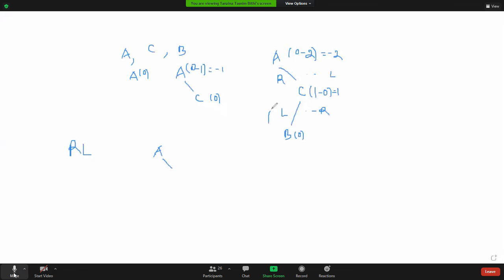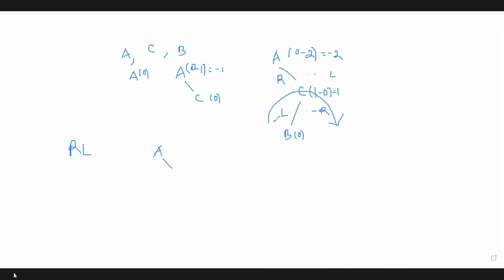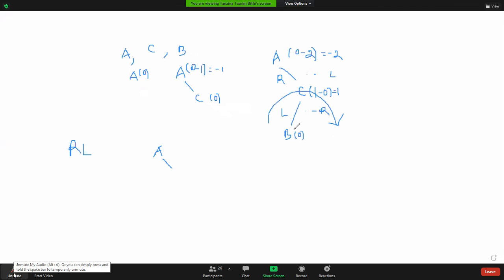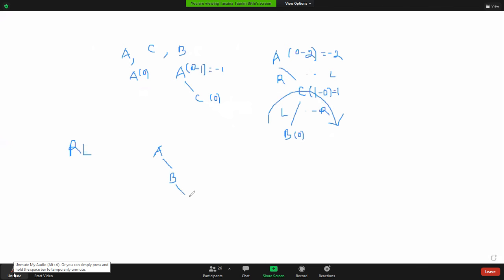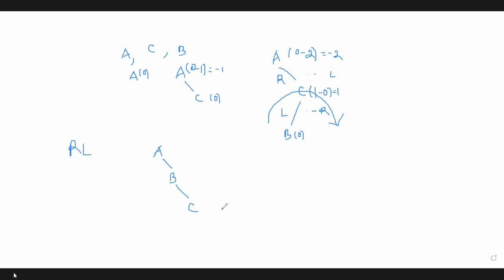Right rotation. That means we will take some nodes from the left subtree and add them in the right subtree. So which node will be taken? C. Obviously C. So C will be added as the right child and this node will be added as the root node. So B will be added as the root node and then C will become the right child of B.